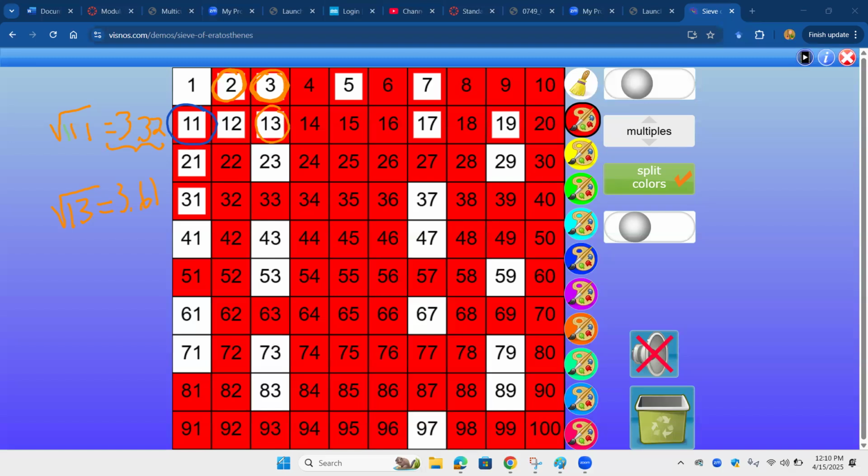Oh, we just did that one. Never mind. The next one is the square root of 17. But I already used 2 and 3 and didn't cross out 17. So it's the same answer.